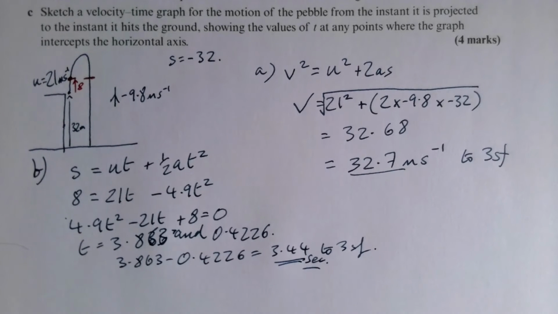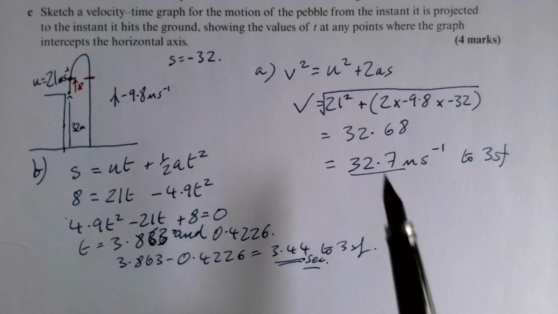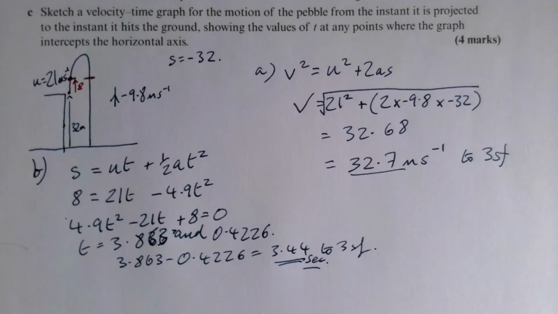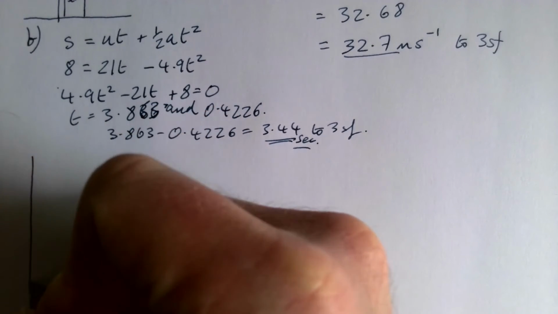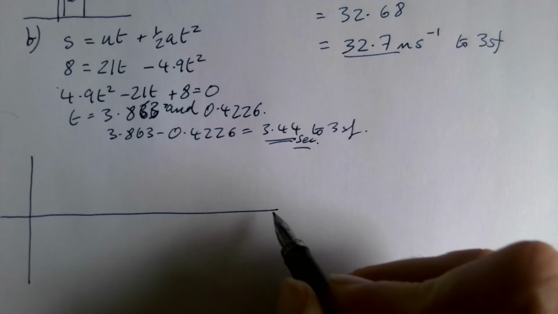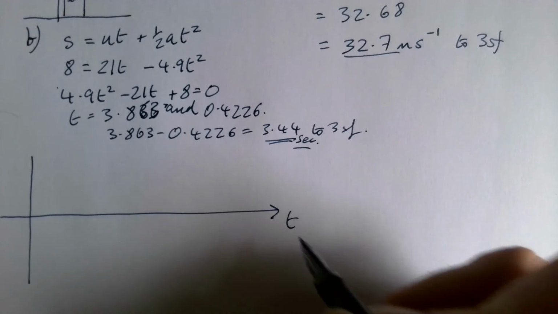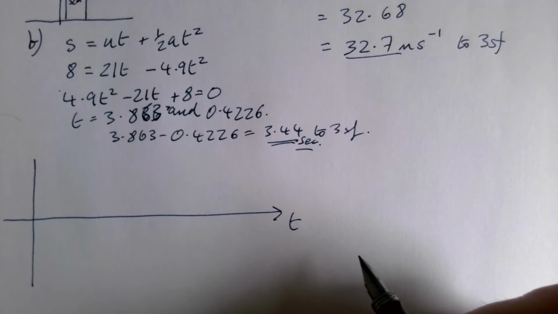And now just time to have a pause again and have a crack at sketching your velocity time graph for the motion of the pebble from the instant it's projected to the instant it hits the ground, showing the values of t at points where the graph intercepts the horizontal axis. Right, so remember that velocity is a vector, so what's happening at the beginning?